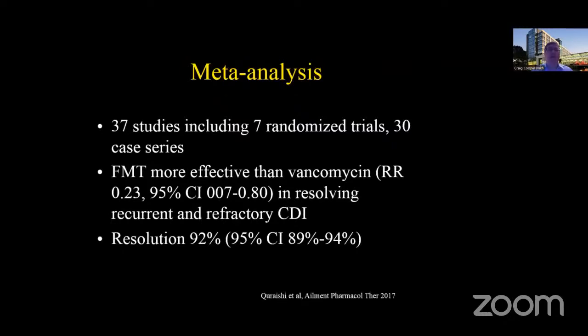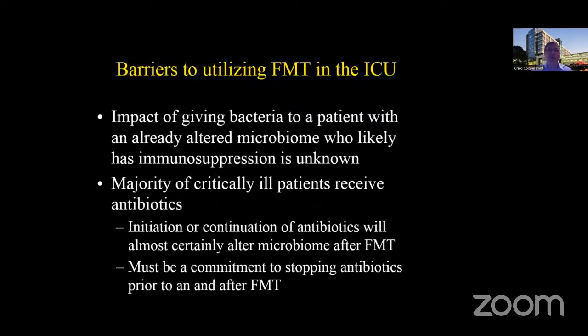Stool transplant was more effective than vancomycin with a relative risk of 0.23 in resolving refractory and recurrent C. diff. There's literally nothing that we do in medicine that I can think of that has a relative risk of 0.23, which is frankly remarkable, and a resolution of 92% as opposed to 20 to 30%.